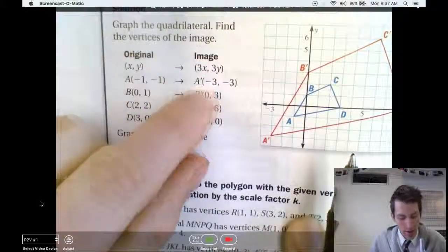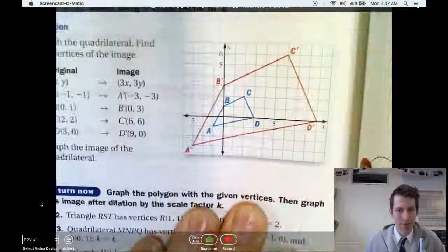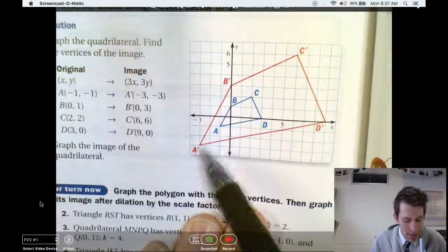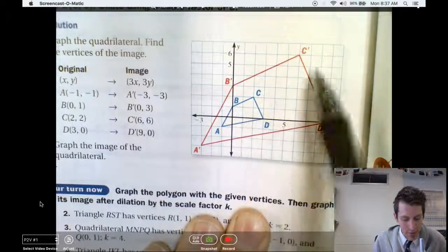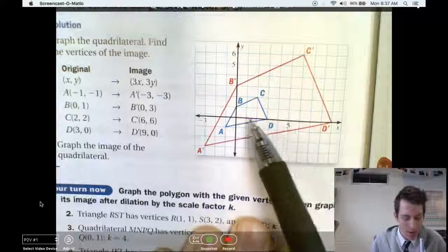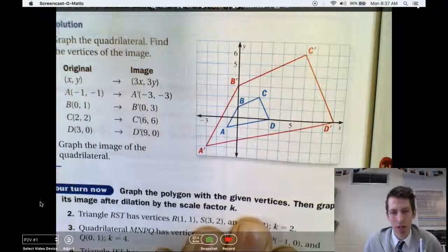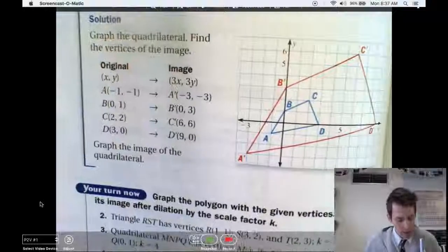Then they plot these new points, and then look what happens. When they plot those points and connect them with the red pen there, does this big red shape look like a dilation or an expansion of the blue shape? Yeah, totally. So, pretty cool, huh?